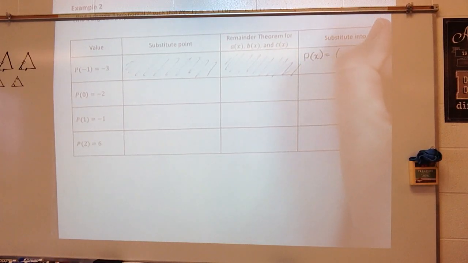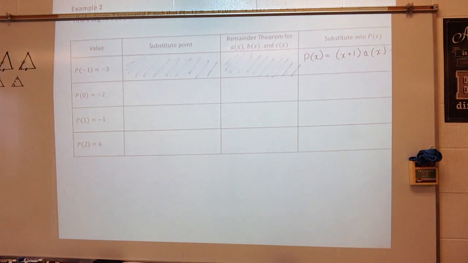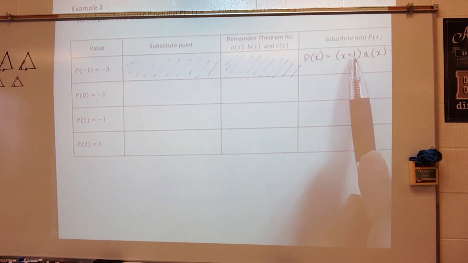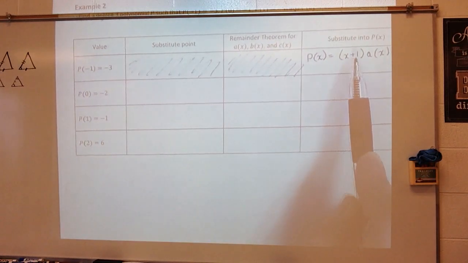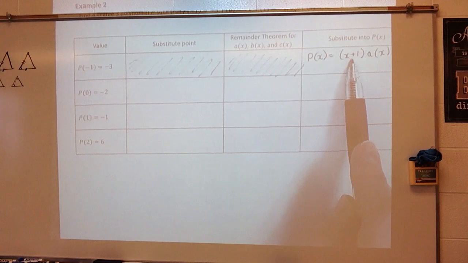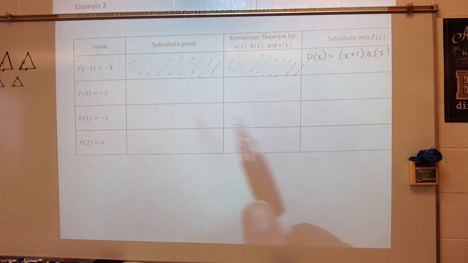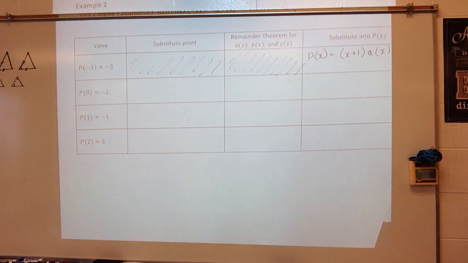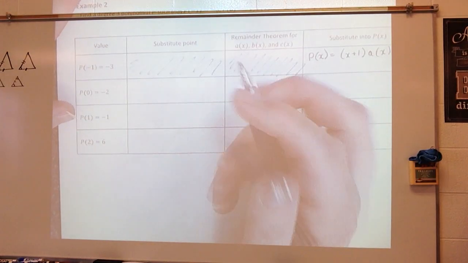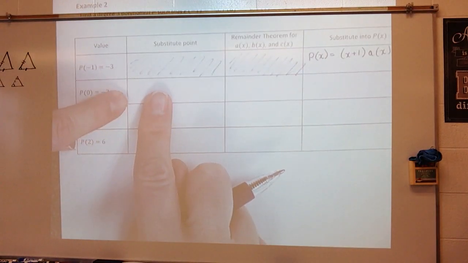So we have x plus 1, a of x minus 3, okay? Because all I did was I put my x in there, and then my y point. Then we're going to look at substitution points.